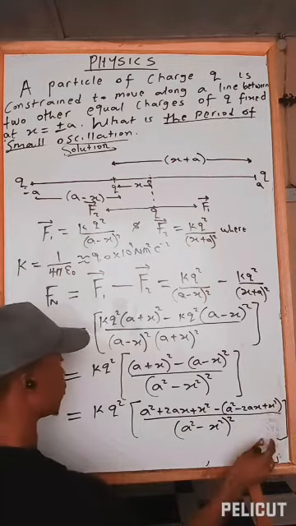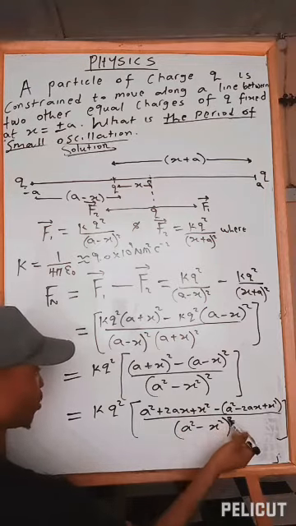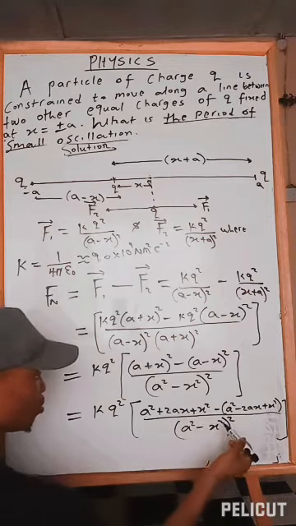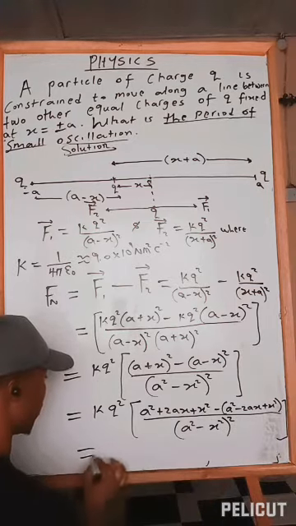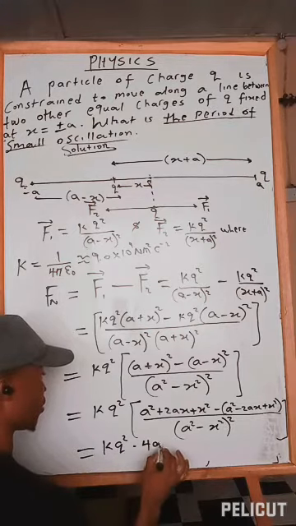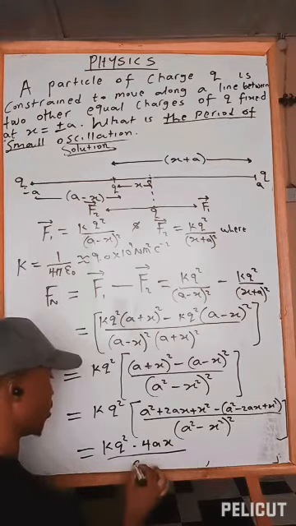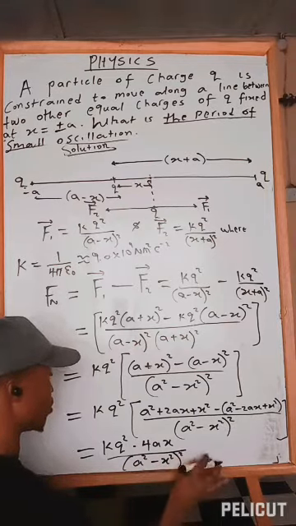If we play with this, we cancel A squared, cancel X squared, and 2X plus 2X is 4X. So this will give us KQ squared times 4AX divided by (A squared minus X squared) all squared.